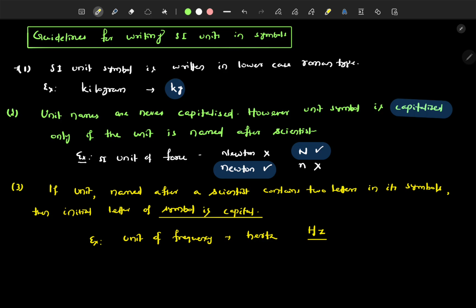Then the fourth point: symbols are not followed by a full stop. This is a very easy point actually. The next guideline, point number 5: unit symbols are never used in plural form.